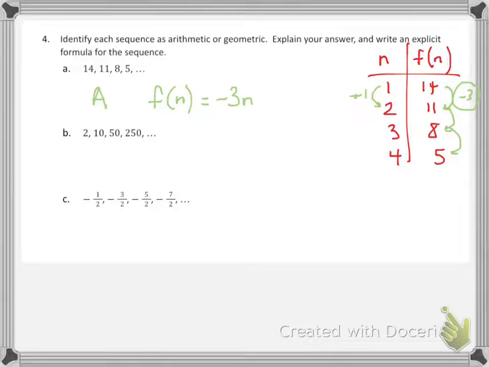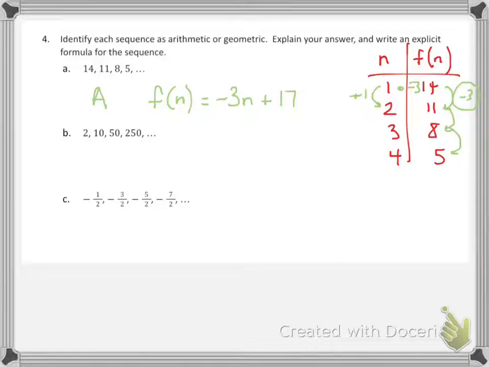So then I go here and I say, well, 1 times negative 3 is not 14. It's actually negative 3. But I would like it to be 14, so that means I should add 17. And there's my formula. Okay, and obviously linear, y equals mx plus b form.